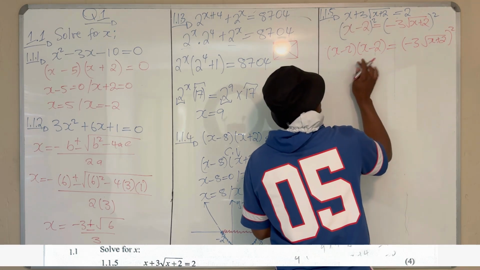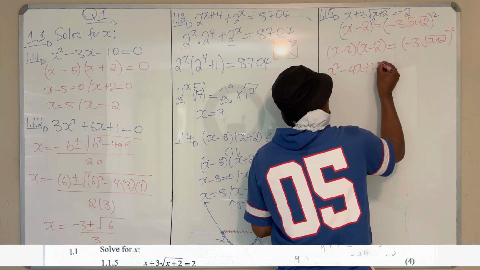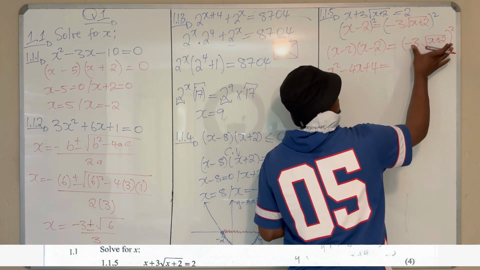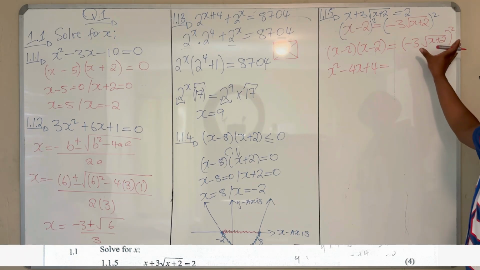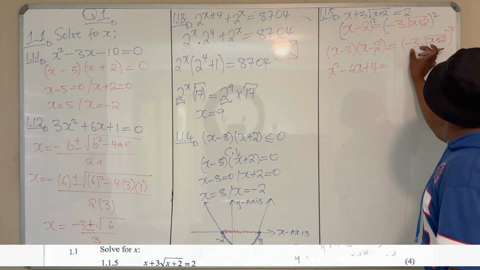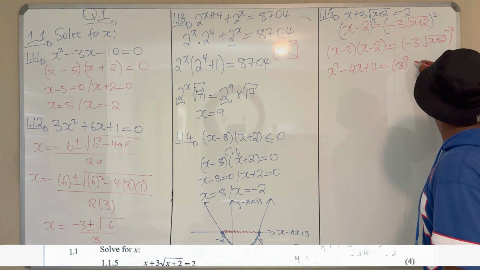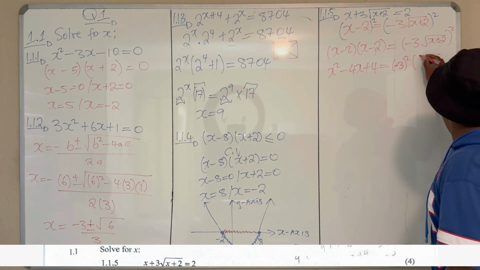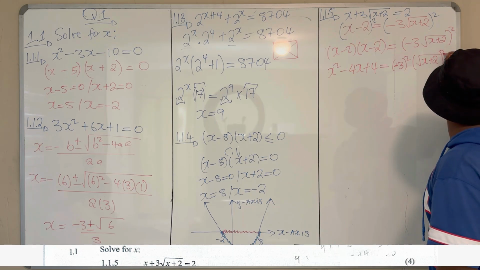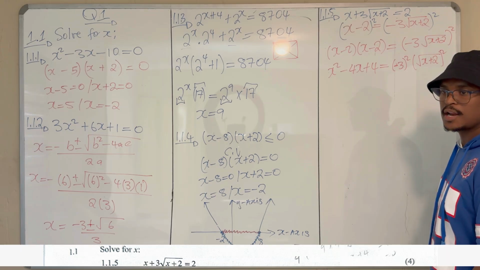If you multiply these brackets out, you get x squared minus 4x plus 4 equaling this. You know this from your exponent laws. If you're squaring, this will be squared and this will be squared on its own, which is your minus 3 all squared, and your square root of x plus 2 all squared. Each of them will get their own square. Those are exponent laws, right?